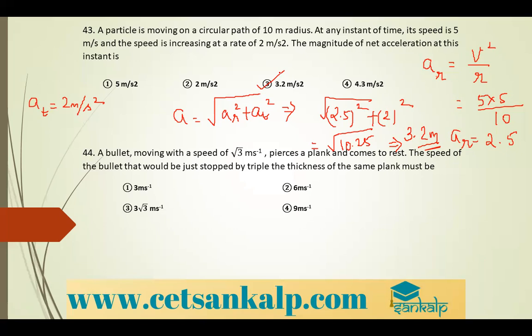Okay, so we have the formula, the work energy theorem: W is equal to half m u square minus half m v square. Since the bullet comes to rest, this term becomes 0. W can be written as Fs is equal to half into m into square root 3 the whole square.